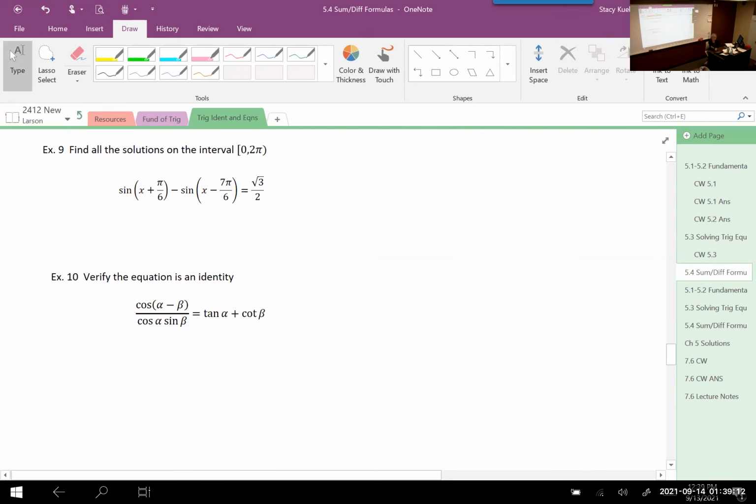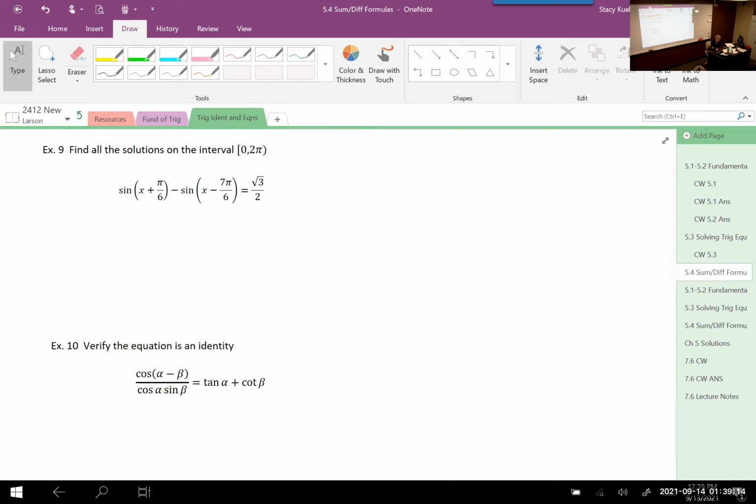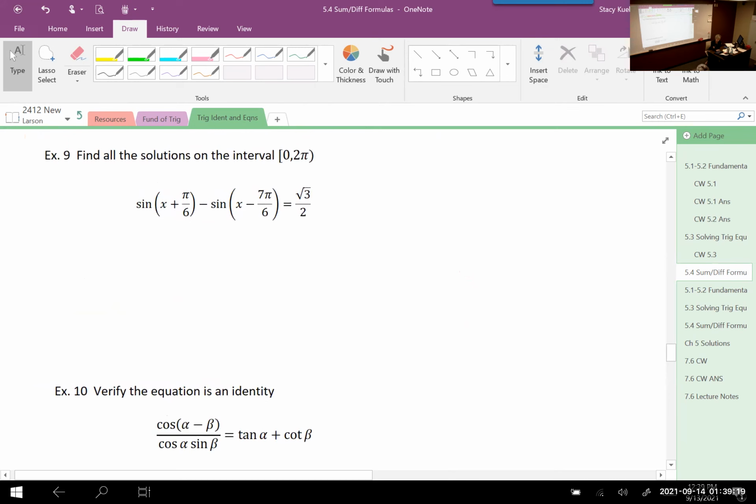Let's solve this equation using our new identities. I have the sine of x plus pi over 6 minus the sine of x plus 7 pi over 6 is equal to the square root of 3 over 2. And I am looking for the solutions on the interval between 0 and 2 pi.